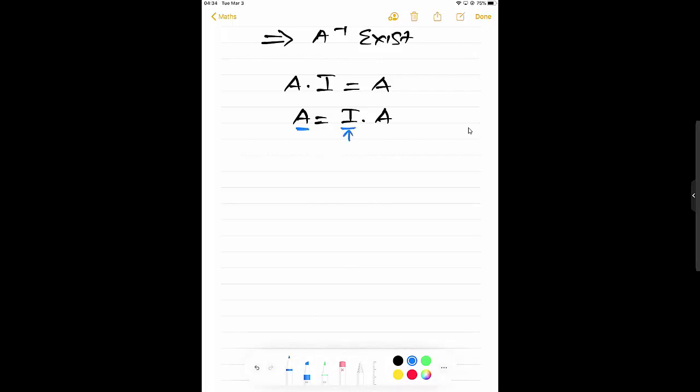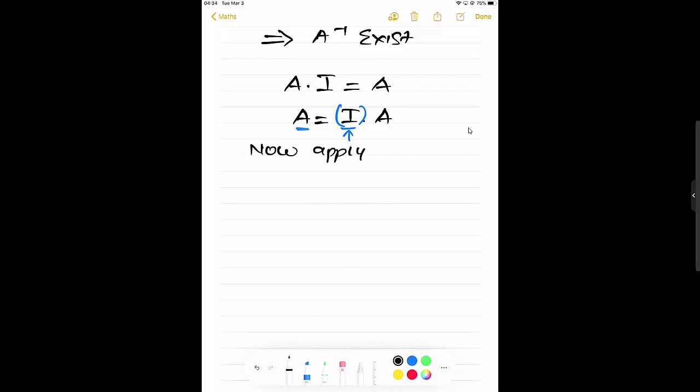While converting this matrix to an identity matrix, the identity matrix will change to the inverse matrix. The value we get in this particular position is our A inverse. We'll see how to do that.